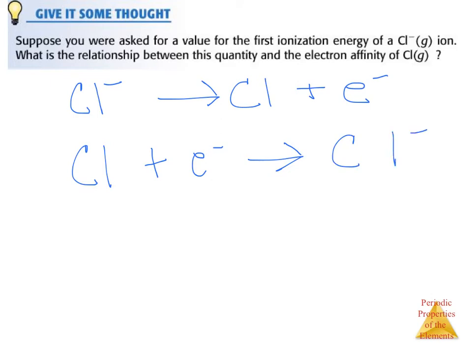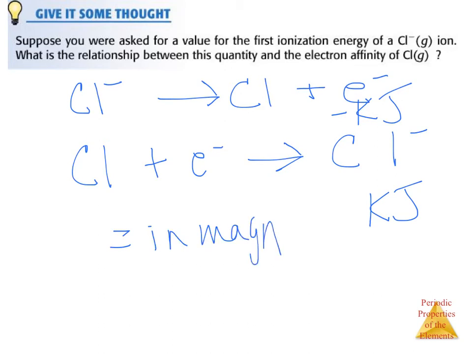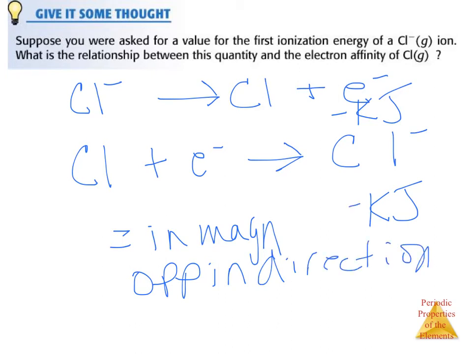If you look at these two equations, they are the opposite of each other. And whenever that happens, whatever the kilojoules is going this way is the negative of the kilojoules going that way. So they are equal in magnitude and opposite in direction. Actually, the electron affinity is the one that would be negative because it's exothermic and more favorable, and removing an electron is going to be endothermic.